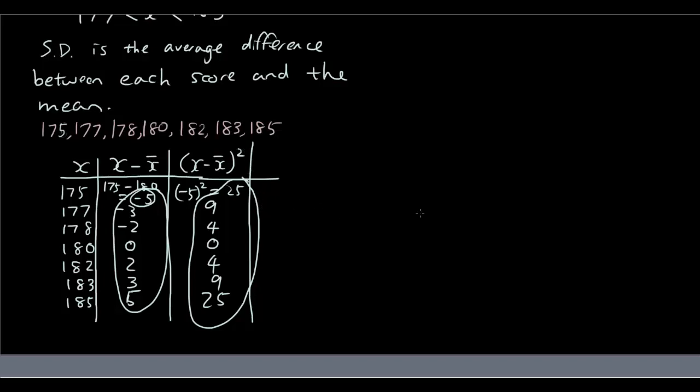So basically the standard deviation formula looks like this. The standard deviation equals the sum of all the squared differences between x and the mean divided by how many there are, because we're averaging it, and then we're going to square root the answer at the end.